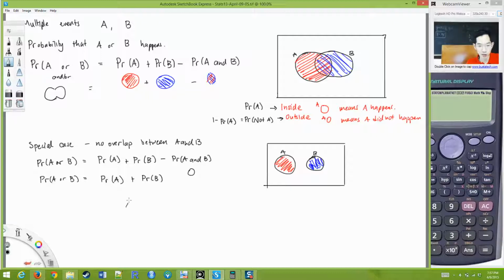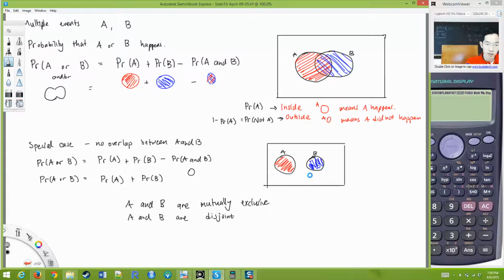A and B, in this last slide, are mutually exclusive. Sometimes the words we use for that are A and B are disjoint. Okay? Meaning there's no overlap. If you're in A, you cannot at the same time be in B.